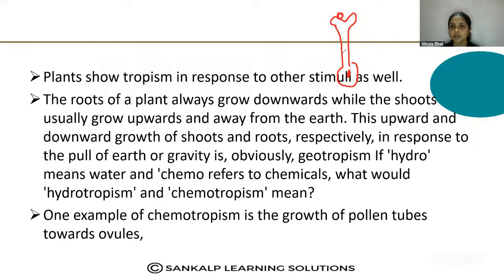Pollen grains germinate and produce the pollen tube. This pollen tube is growing towards the ovule because the ovules secrete some chemicals, and it moves towards the chemical. So that is called chemotropism.